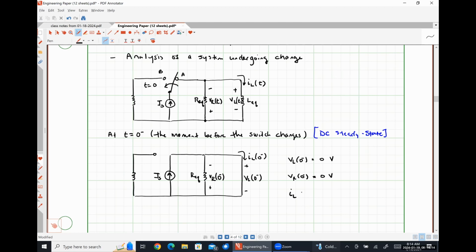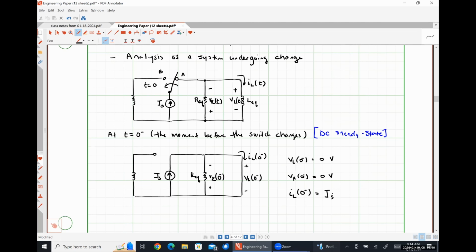Lastly, what's the inductor current at 0 minus? IS. So all of the current from that current source, IS, will wind up flowing through the short circuit that is representing the inductor, right?